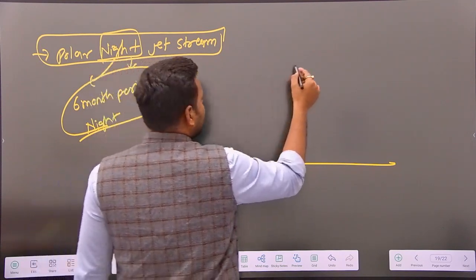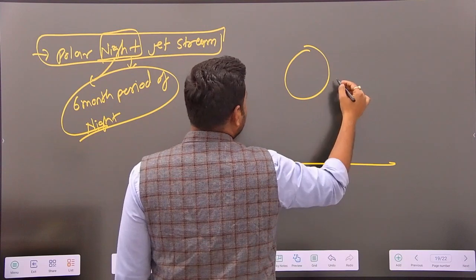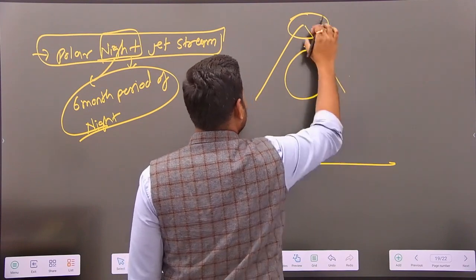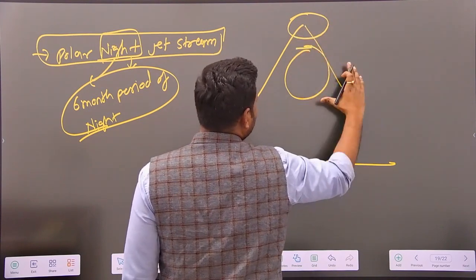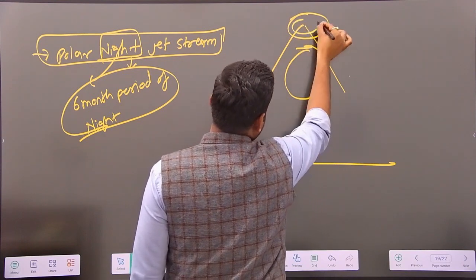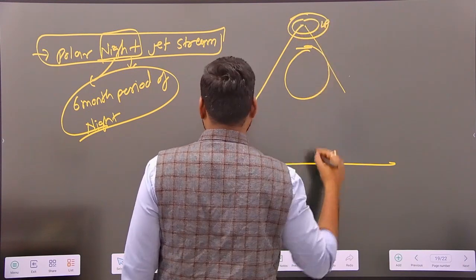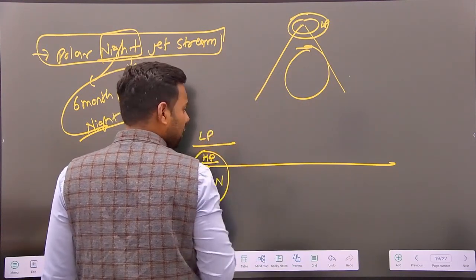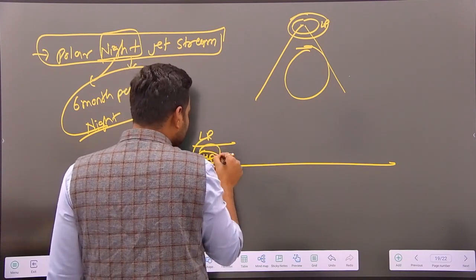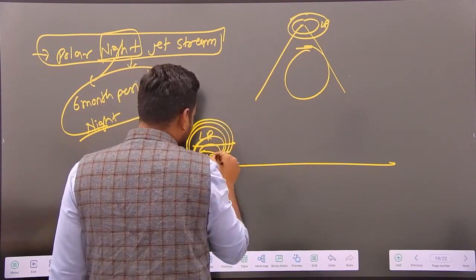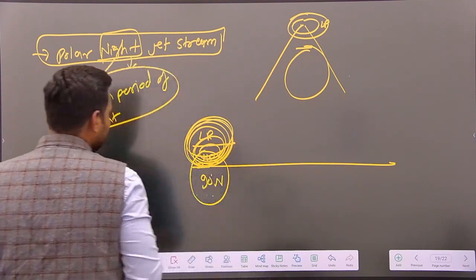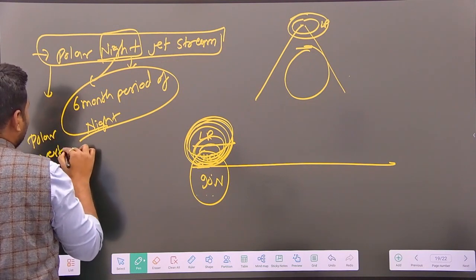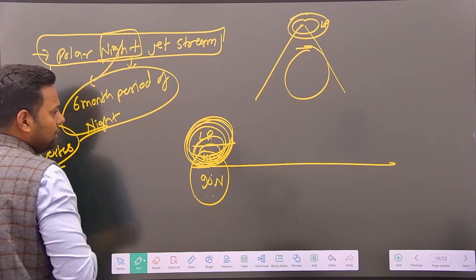Due to the shape of the earth, the sun rays fall in the stratosphere because the earth's shape is geoid. Stratosphere air gets heated and creates low pressure. Due to this contrasting high pressure and low pressure, this jet stream is formed. I hope that is clear. It is also known as the polar vortex, because it moves around the north pole.